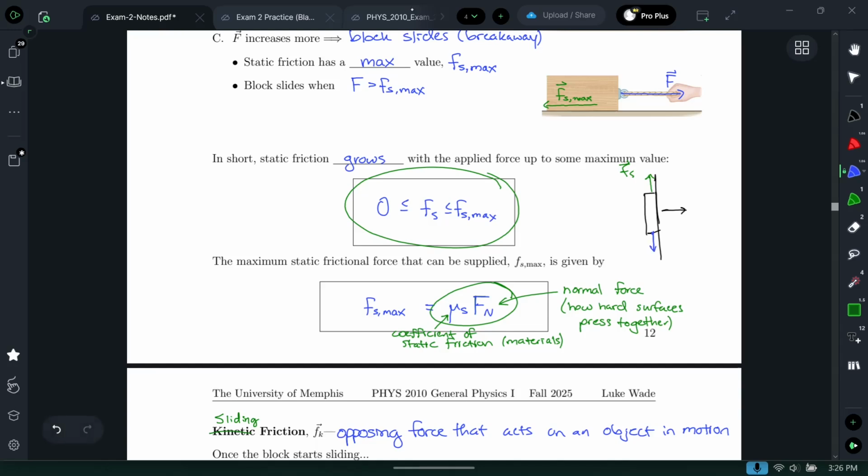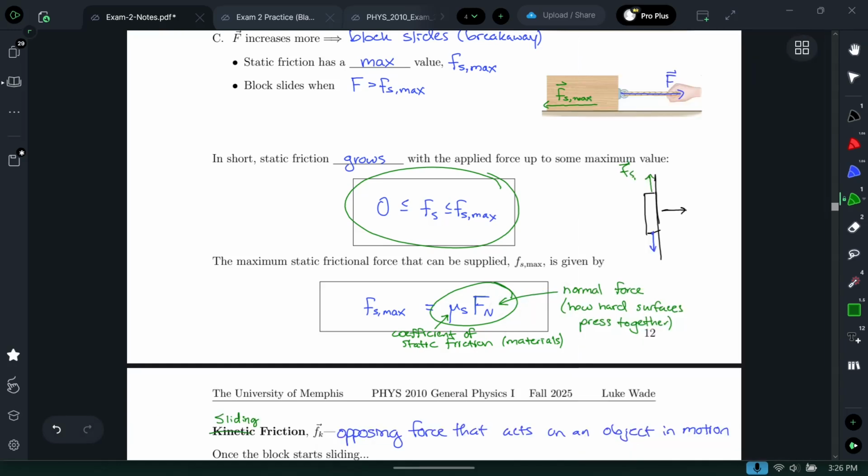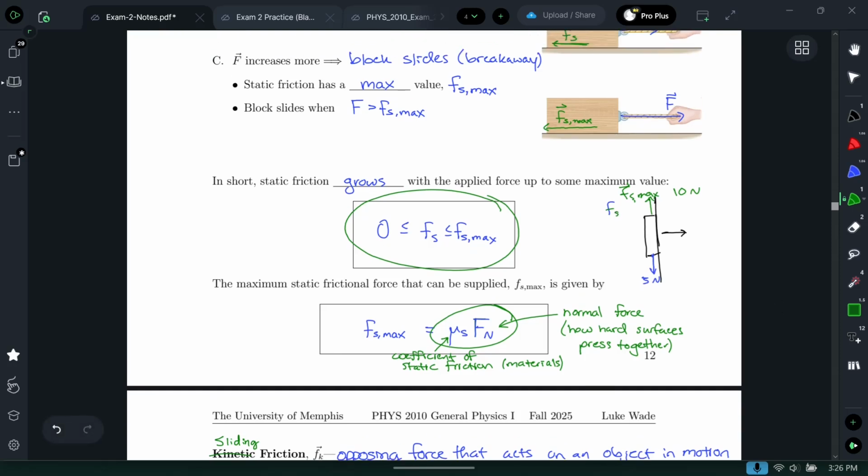So say we calculate that maximum static friction is something like 10 newtons. Well, if the book only weighs 5 newtons, then static friction at that time, or for that book, the amount of static friction you need to hold it up is also only 5 newtons. If the book's a little heavier, 7 newtons, static friction is 7 newtons.